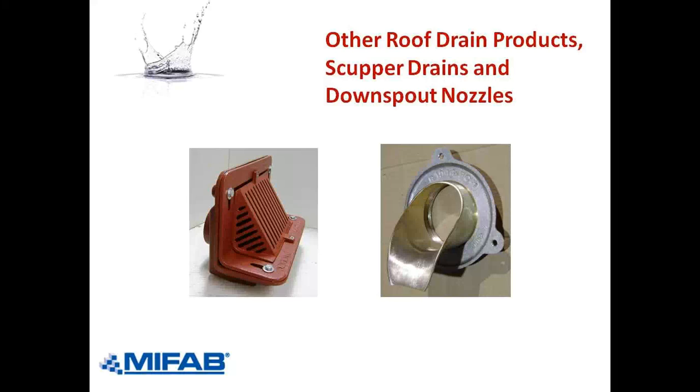So whenever you see water coming out of a downspout nozzle, we've seen downspout nozzles or cow's tongues or lamb's tongues, as some people call them, on the outside of buildings. It's because there's an issue. The issue is the primary roof drain is blocked and the water is now going through the secondary roof drain.